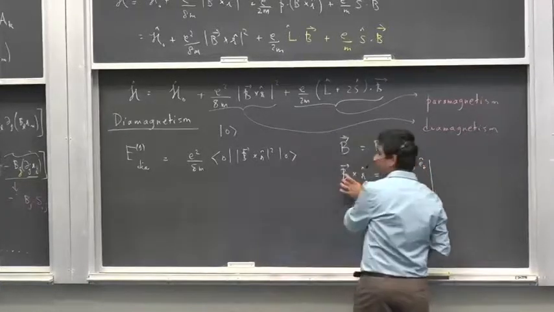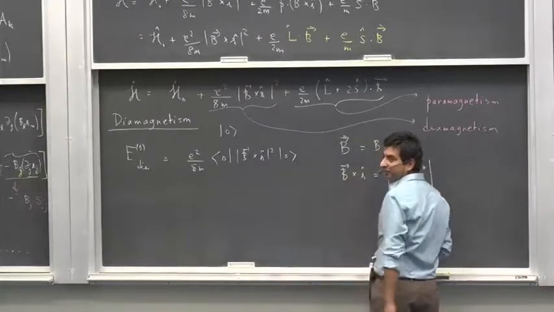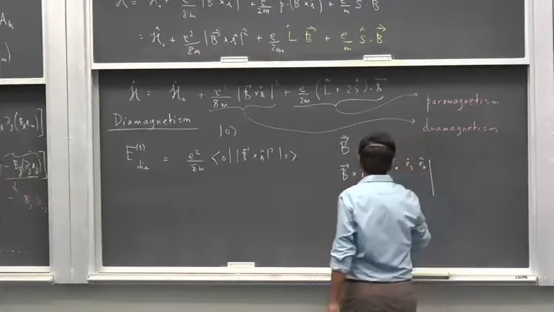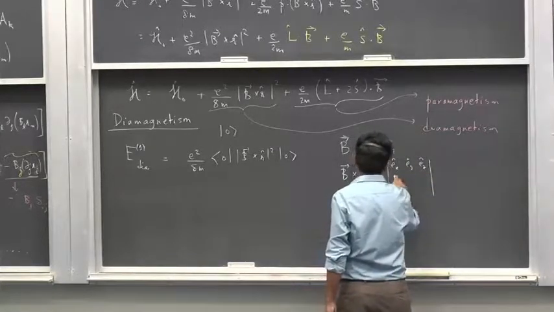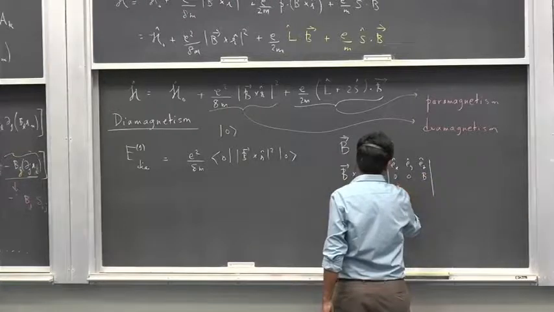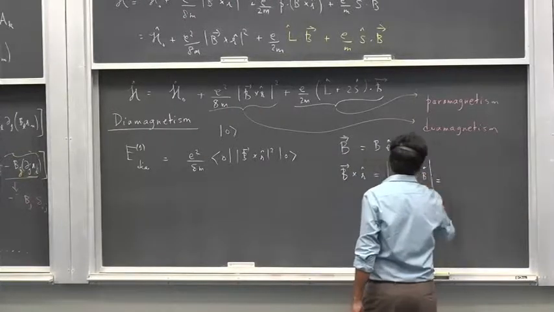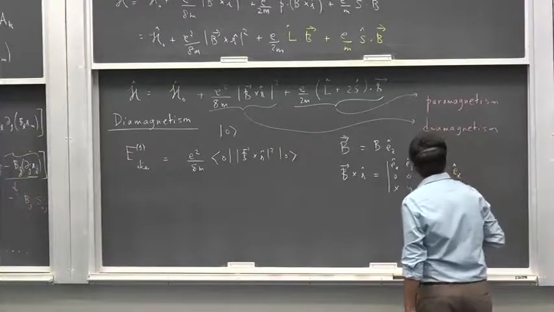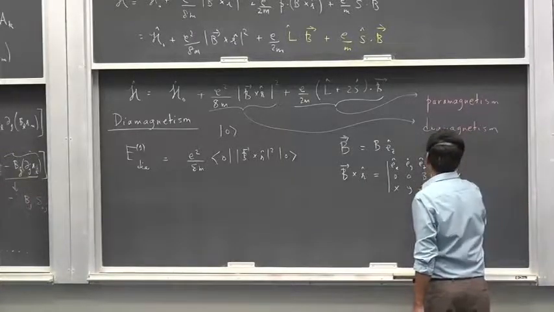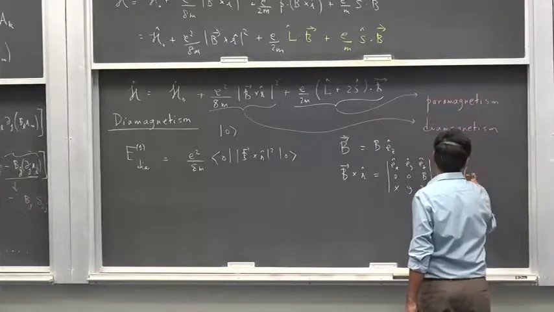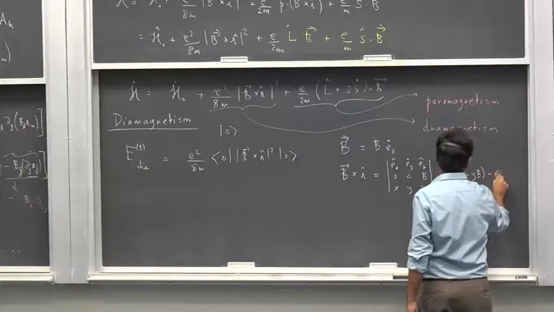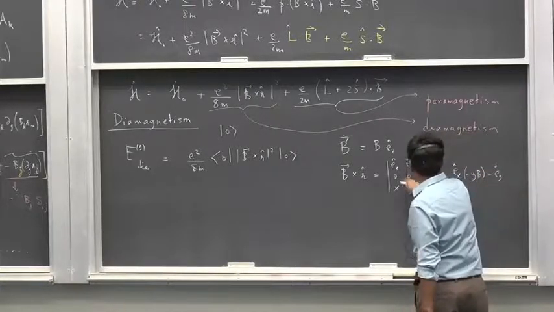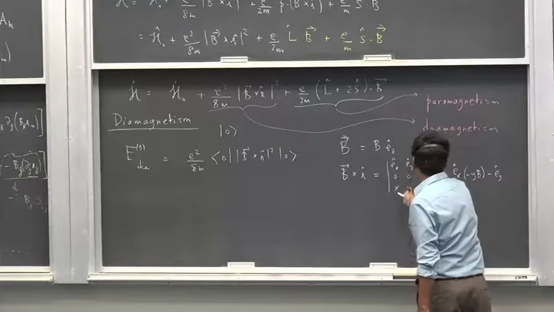Remember, these are terms of the vector potential. So I have B crossed with R, this is 0, 0, B, x, y, z.